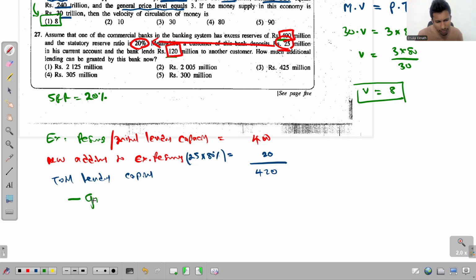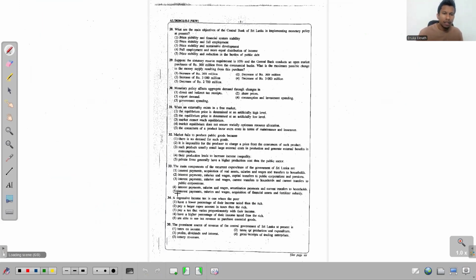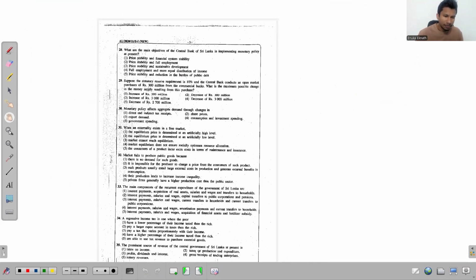Minus granted loan, which is 120, so the remaining lending capacity is how much then? That's 300, in millions. So the answer for this question 27 has to be the fifth one. Right. Now look at this question 28.